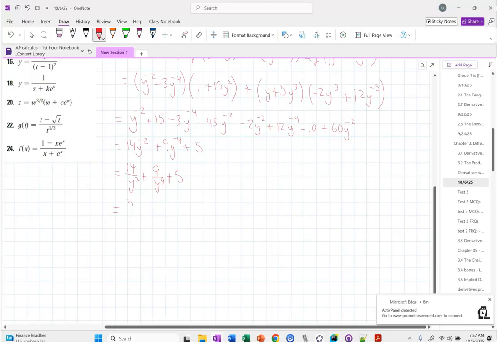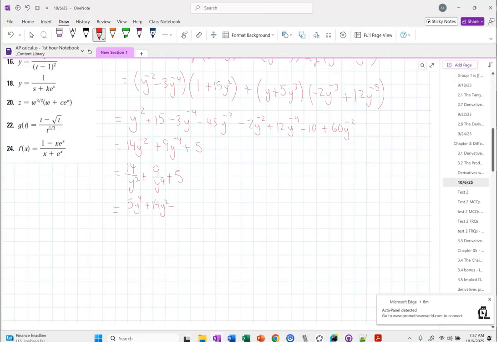And maybe we'd have like 5y to the 4th plus 14y squared plus 9 all over y to the 4th, maybe. I mean, at that point, it's like, you know, dealer's choice. They're all, I would say, equally simplified. It'd just be a matter of which version of these is the one in the multiple choice answer going to look like?